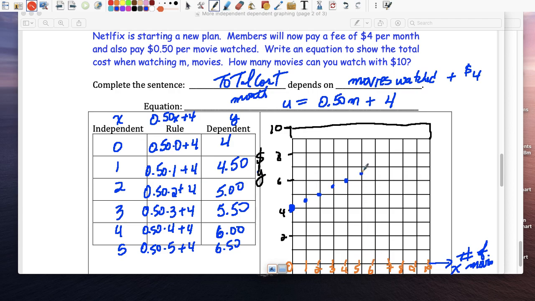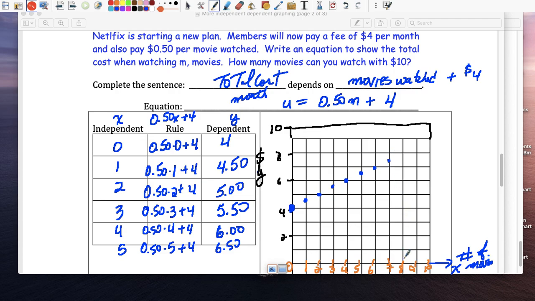5, $6.50. 6 is 7. 7 is here. Remember, 5 is 6.50. 6 is going to be 7. 7 is going to be 7.50.